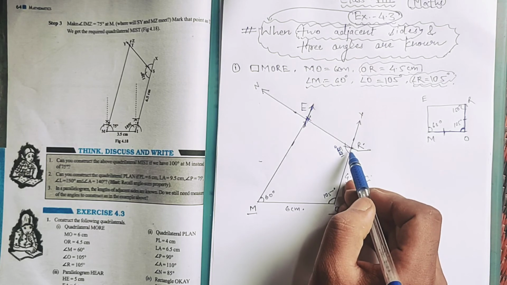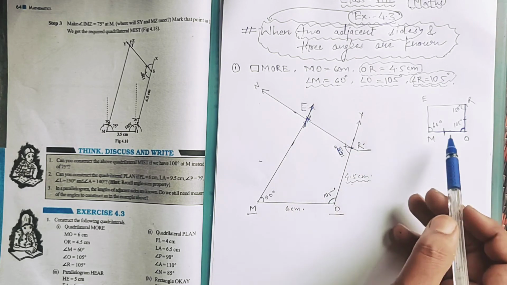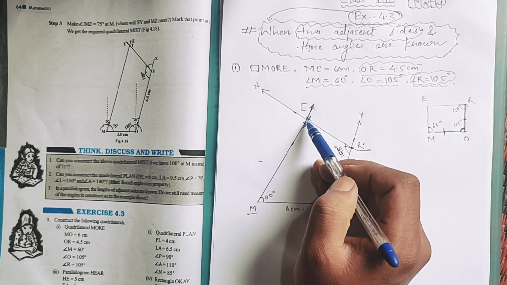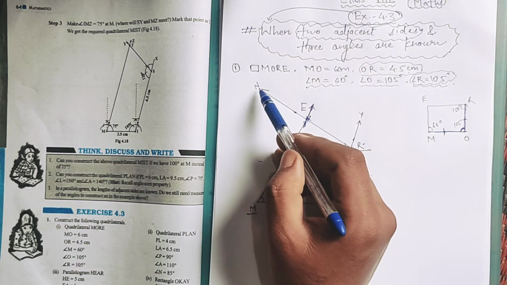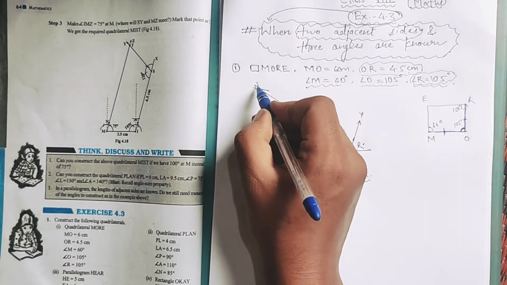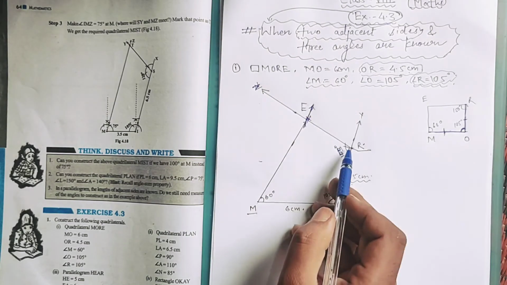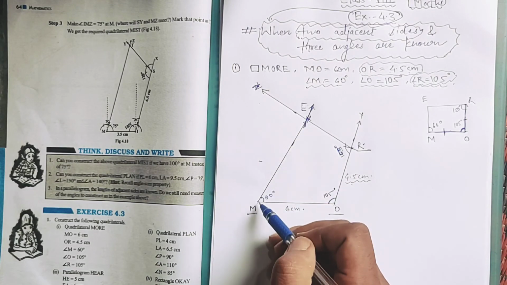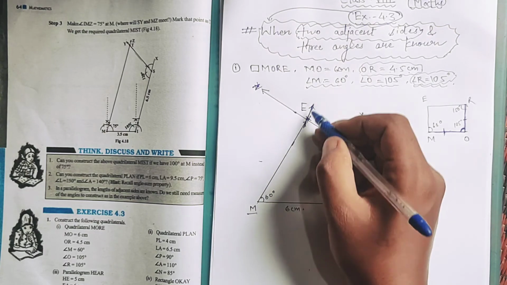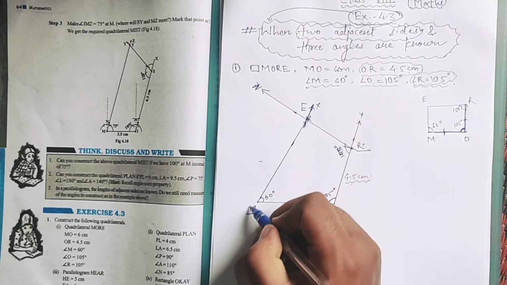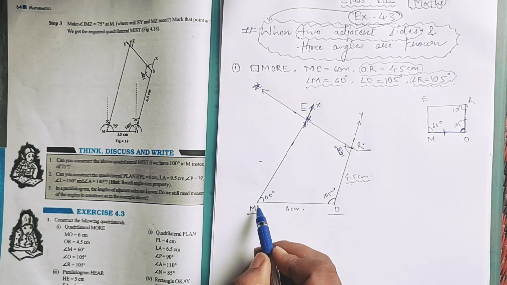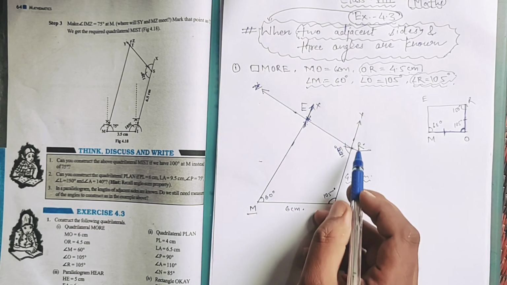So from point R make an angle of 105 degree and draw a line RZ from point R such that it intersects the previously taken ray MX. Name this point as E. So you will get your quadrilateral MORE.